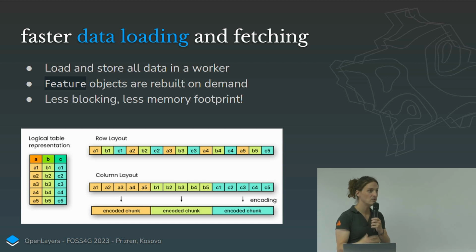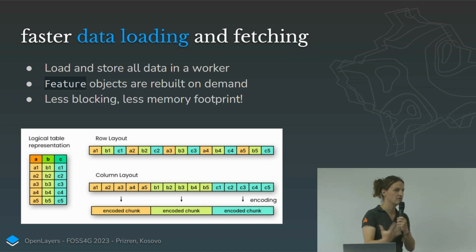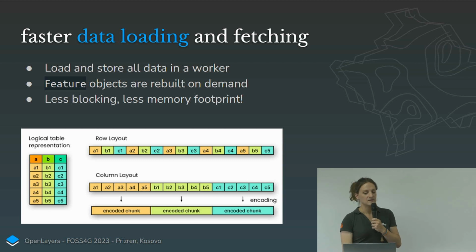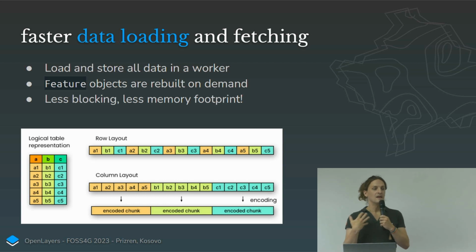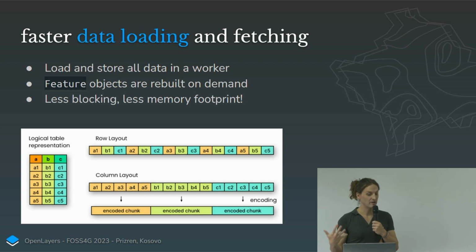All this is very slow, it's not very efficient. What we want to do is have a worker load all the data and store it, and then the main thread will use a kind of server-client architecture and query only the data that it needs. For example, if you click on the map or do something like that. So less blocking of the main thread, less memory footprint, and that could be a performance improvement for a lot of places in the library. But it's still kind of far away, I would say.